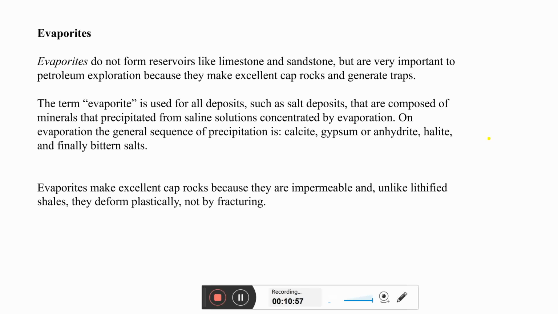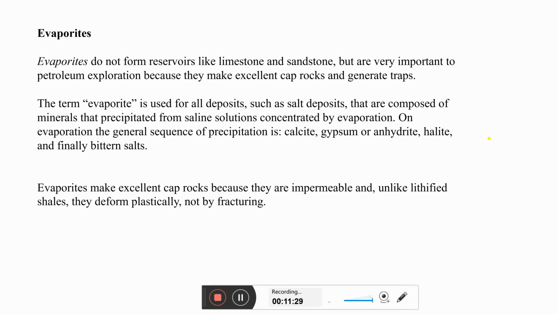Okay, evaporites do not form reservoirs like limestone and sandstone, but are very important to petroleum exploration because they make excellent cap rocks and generate traps. So evaporite is also important for the petroleum industry. The term evaporite is used for all deposits such as salt deposits that are composed of minerals that precipitated from saline solution concentrated by evaporation.